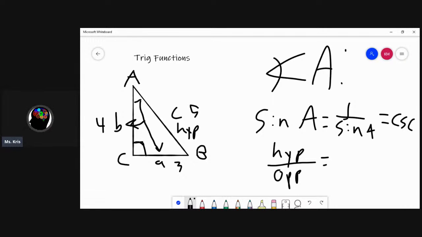Remember, sine is opposite over hypotenuse. Cosecant, which is the flipped version of sine, is hypotenuse over the opposite. So that means it is C over A as it relates to angle A, and the numbers would be 5 over 3.